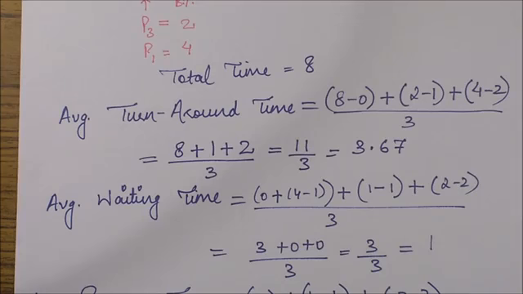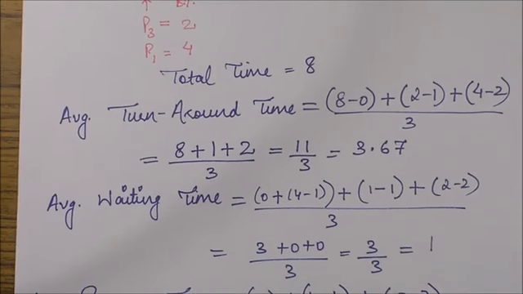So we would just keep it simple like that. This definition remains the same throughout, but the other things vary. Like if I say it is the time at which it is first given the CPU minus the arrival time, it would differ, right? So let's see how it differs.